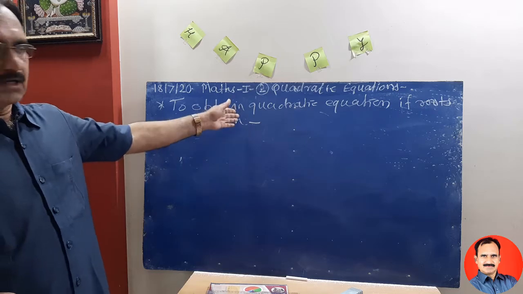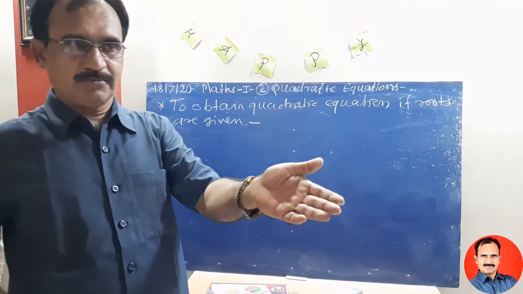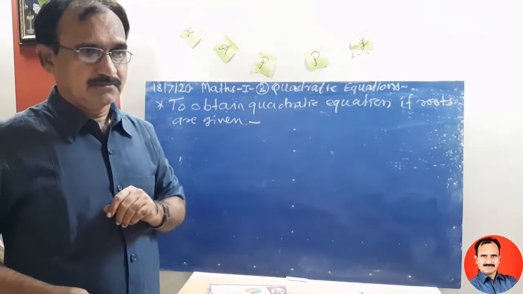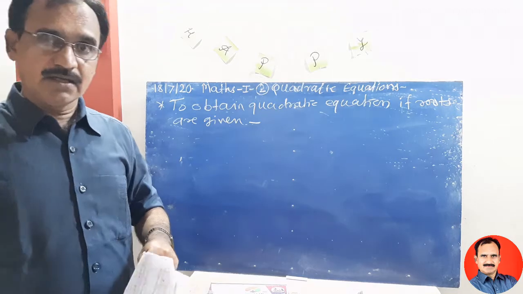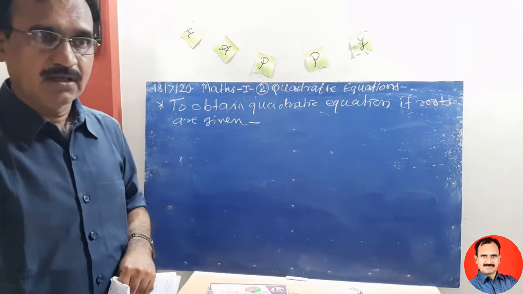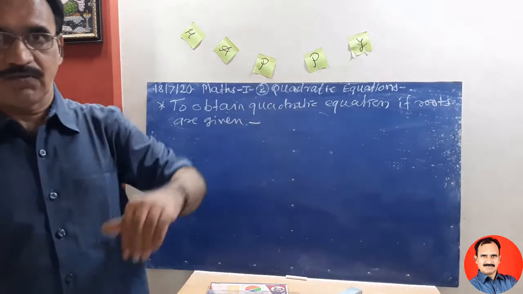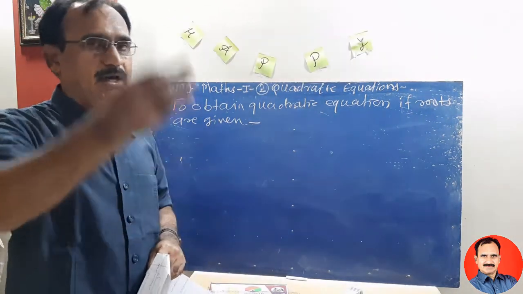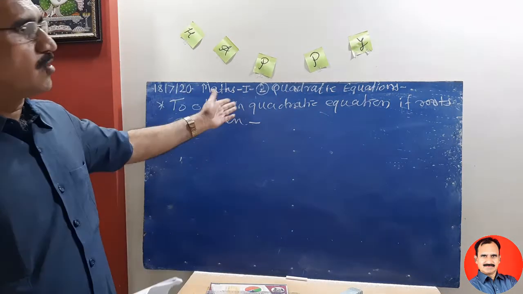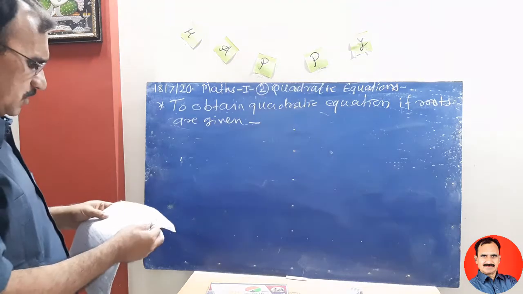See, how much fun this will be. Look, roots are already given, means the answer is given, and find the question. See what is the meaning of this article? The answer is given and find the question, means roots are given and find the quadratic equation. What did we do until now? A quadratic equation was given and we found the roots, and here roots are given, find the quadratic equation. Very easy, no problem.